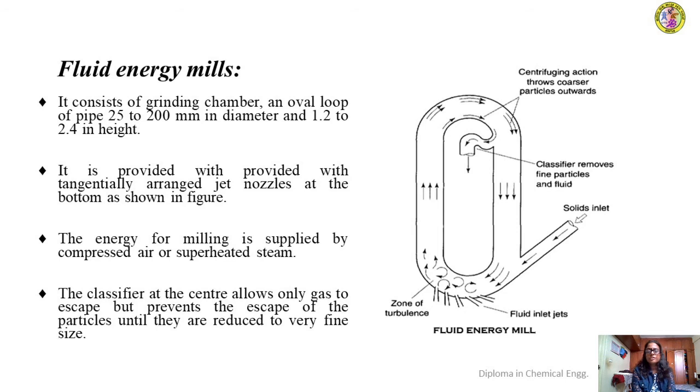So coming to the construction of a fluid energy mill, it mainly consists of a loop of pipe of oval shape as shown in the figure. The pipe diameter is between 25 to 200 millimeters and the height of the loop is around 2 meters.